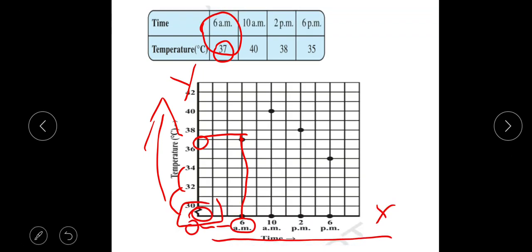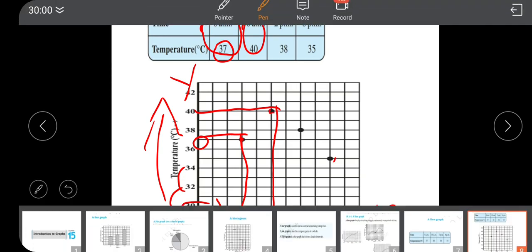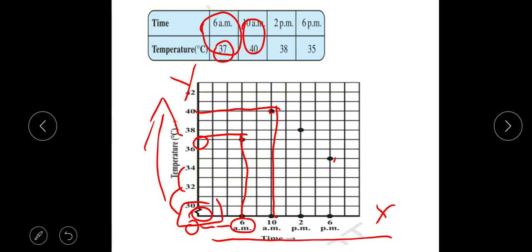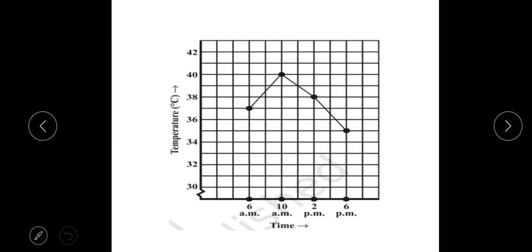Then the next data, 10 am, 40 degrees Celsius: 10 am on the horizontal line and 40 degrees Celsius from the vertical line. They meet here. Each point we will mark like this. Then we join those points. Look at this. Those points are joined by using bits of line segments. So this is our line graph for the given data. Okay.